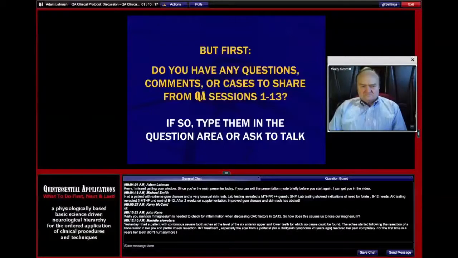AK testing revealed 5-MTHF and methyl B12 after 2 weeks on supplementation. Improved gum disease and skin rash has abated. So we see that using manual muscle testing as a window on neurologic function assists us in verifying and or seeing the same thing that we might see on lab work.